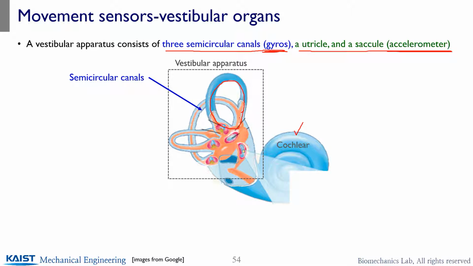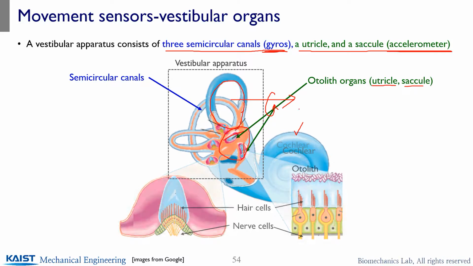There are three semicircular canals, which measure rotational motion about the directions perpendicular to them. There are also parts located roughly horizontal and vertical, which we call the utricle and saccule, measuring the head acceleration.